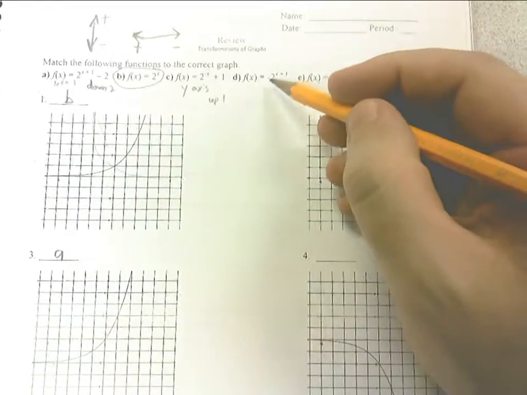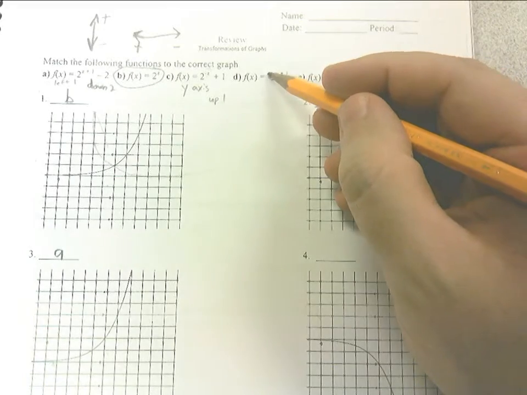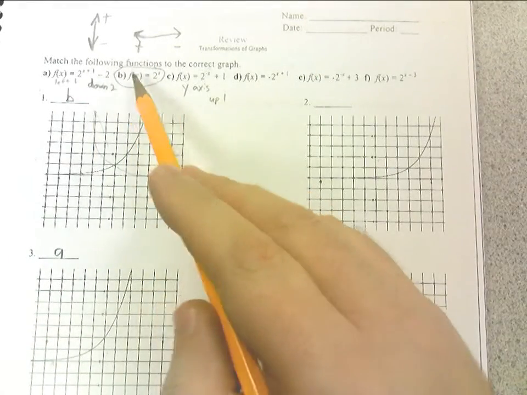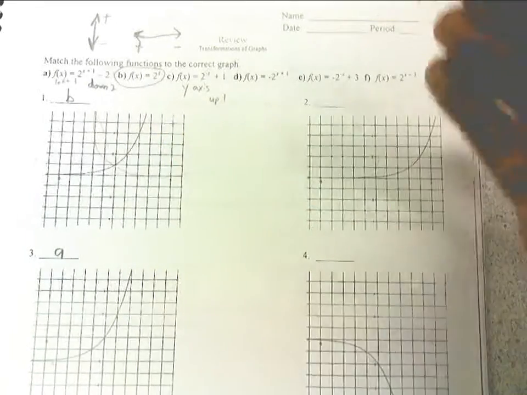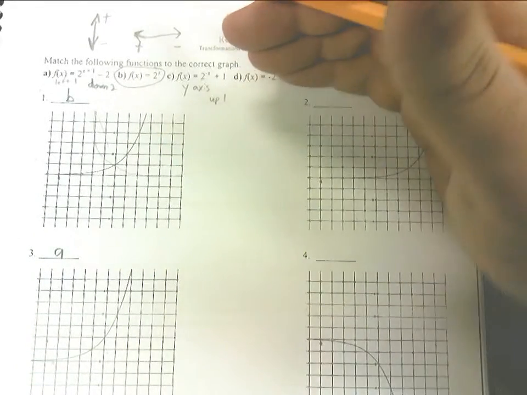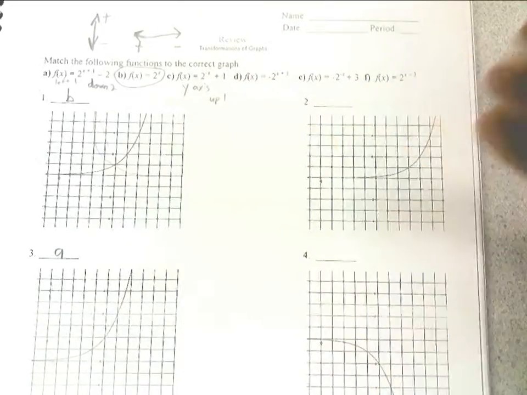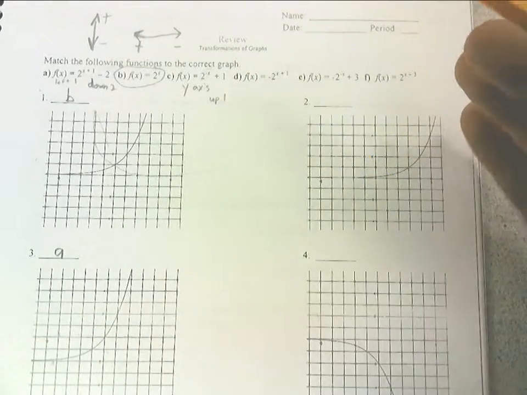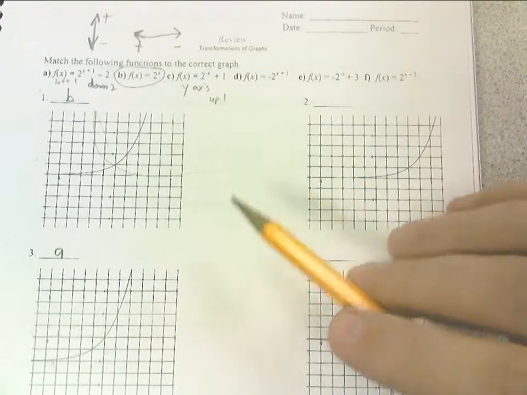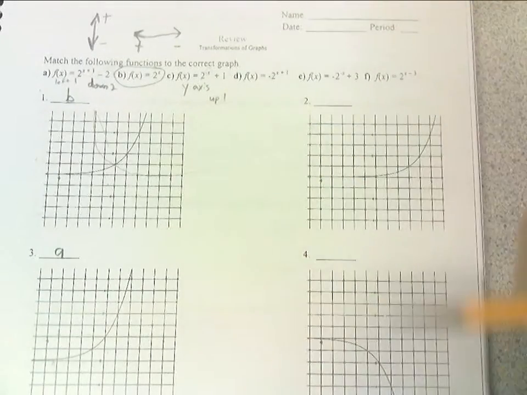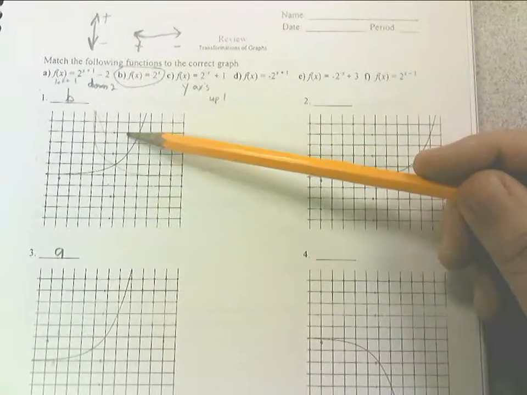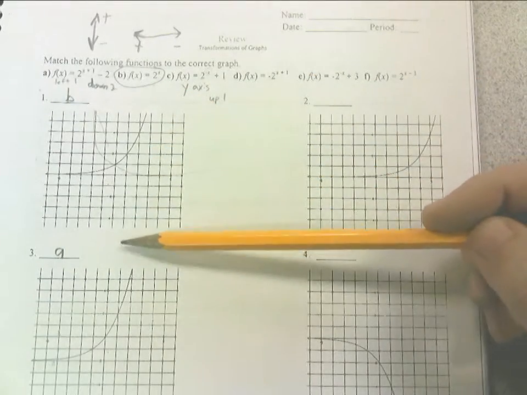Over here on D, what changes, I now have a negative 2 to the x plus 1. So my base changed signs, and when I change the sign of my base, I'm changing whatever the sign of my final output is. In other words, I'm changing all my y's. If I'm changing all the signs of my y's, that's going to flip my line across the x-axis.